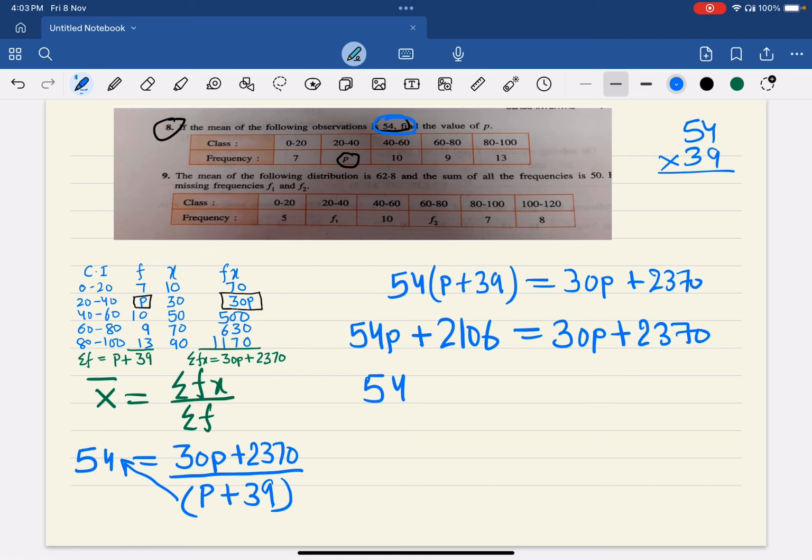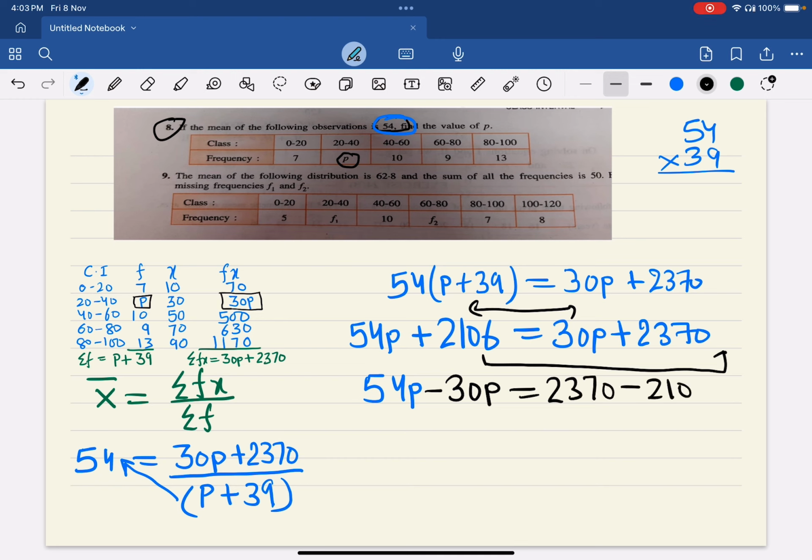So we have 54p, bring p's to one side. I am moving 30p to the other side, so the sign changes and it becomes minus 30p. Likewise, I will move 2106 to the other side, the sign will change, and I will have 2370 minus 2106. So what will we get now?